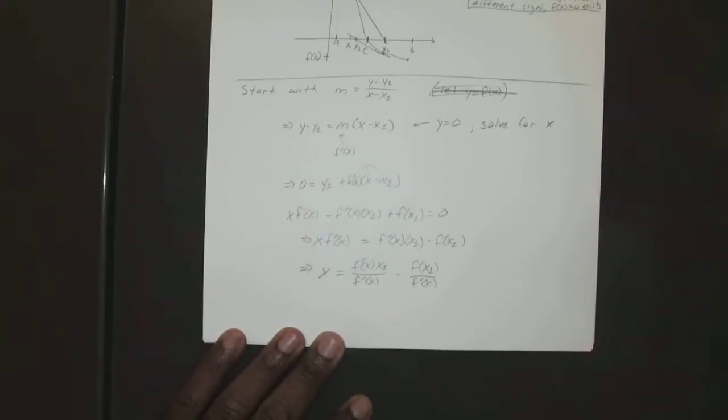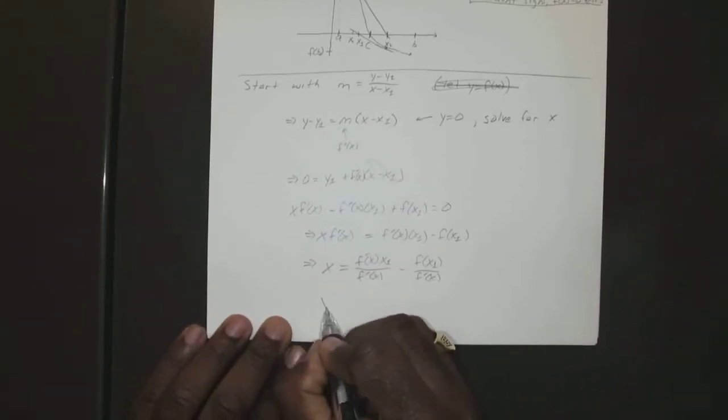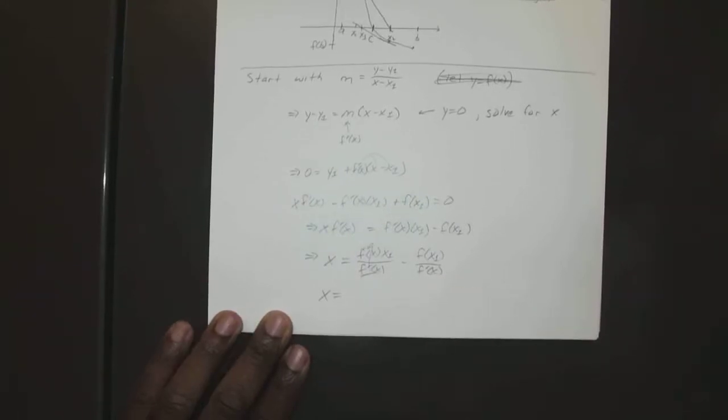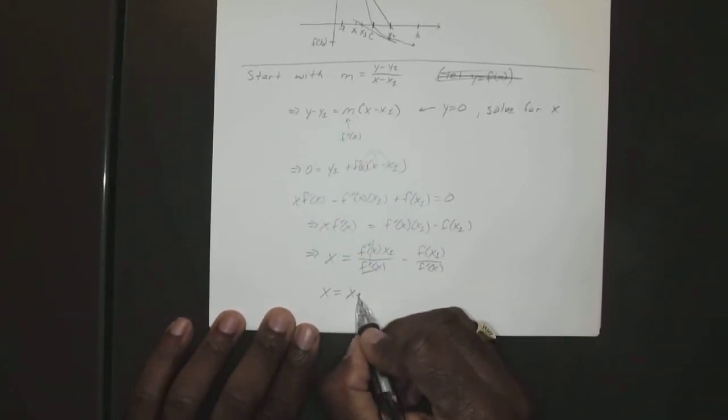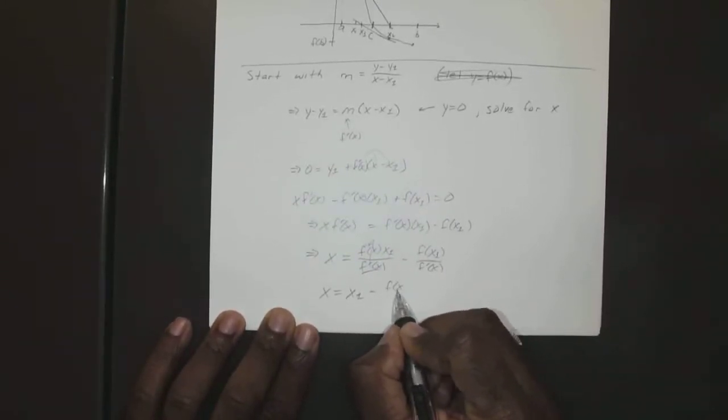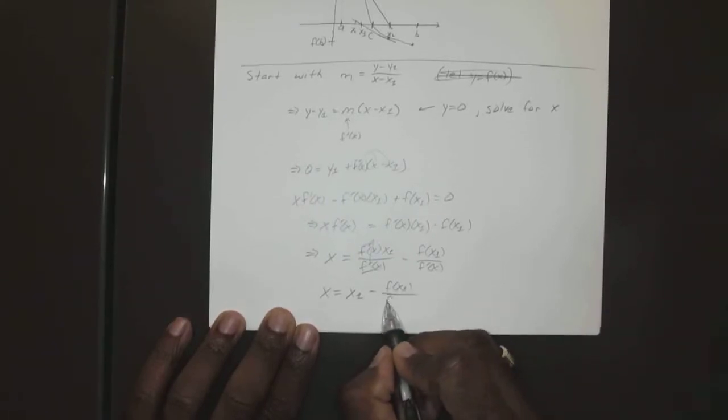And it seems like I'm missing something. Nope, I'm not. Okay. All right, so x equals, these two cancel out. So you have x1 minus f of x1 all over f prime of x1.